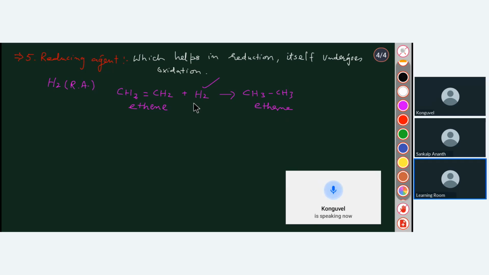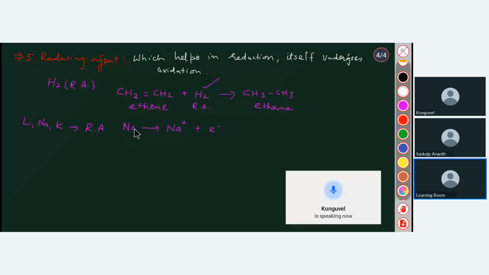Okay. So alkali metals also act as reducing agents. For example, lithium, sodium, potassium also act as reducing agents, because they can easily lose their electron. As I have told you, sodium can easily lose its electron and it forms Na positive.